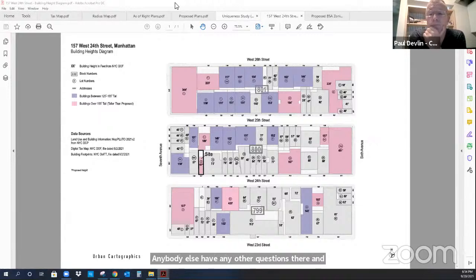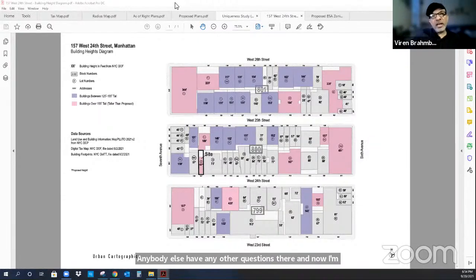Viren? No, I'm just going to go back and revisit that point. It is up to the developers to offer what they want to offer. So they can go for a higher percentage of affordable units. If they say 25% of the units are going to be affordable, potentially, and I don't want to speak out of turn, this community board may look at it a bit more positively. That's one suggestion.